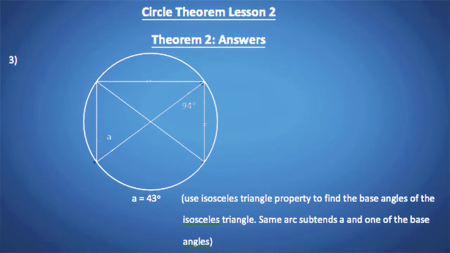We're just supposed to find the value of angle A. You use the isosceles triangle property to find the base angles of the isosceles triangle. And then the same arc subtends A and one of the base angles, which is equal to 43 degrees. So A is equal to 43 degrees.